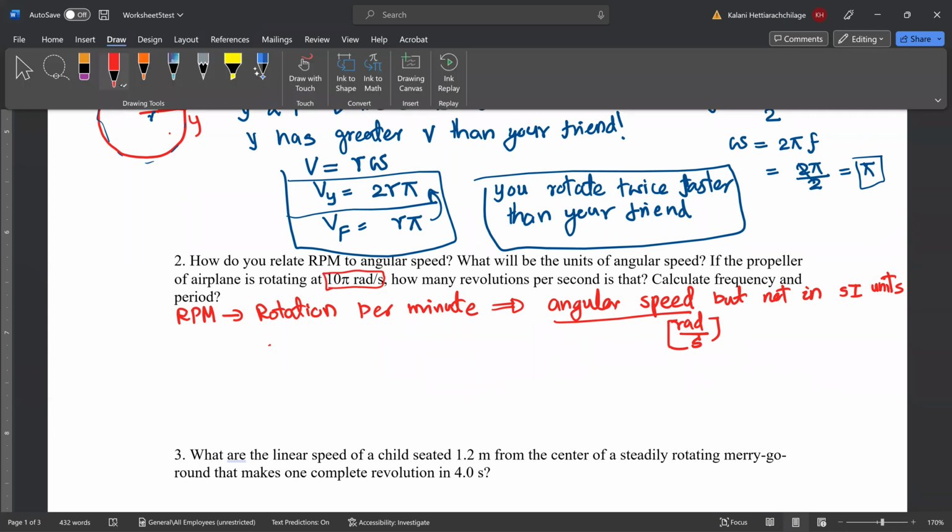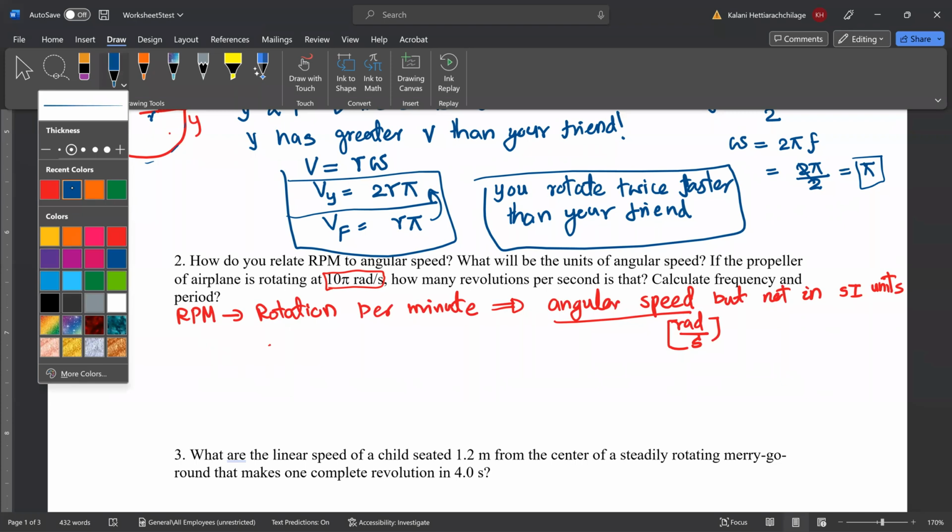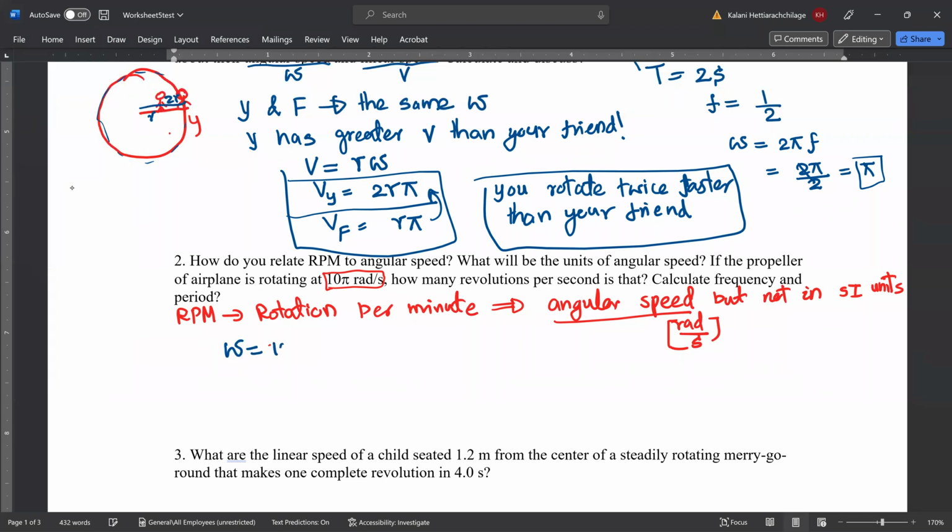So this is given. So now we have omega given as 10 pi radians per second. Okay, how many revolutions per second is that? See what it's asking, how many revolutions per second is that? So in other words, what is asked here is actually frequency. How many revolutions per second is the frequency, right?